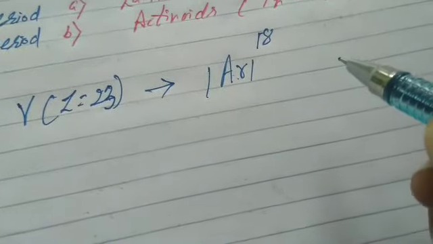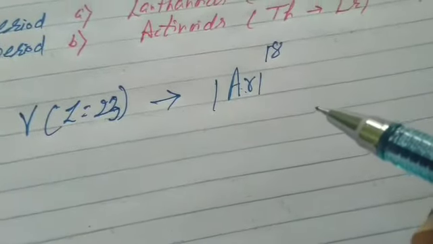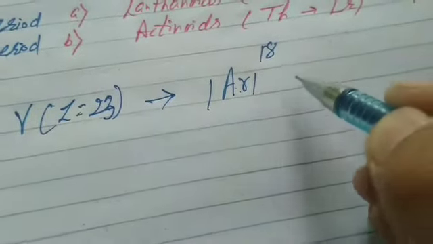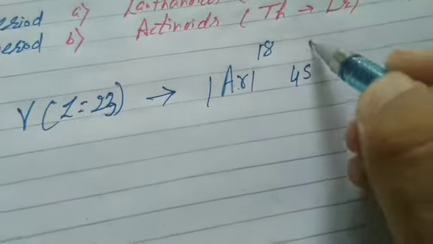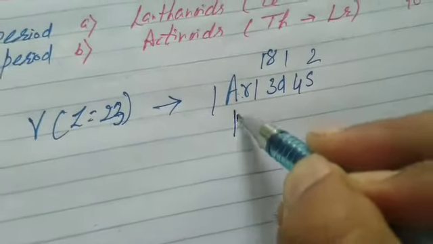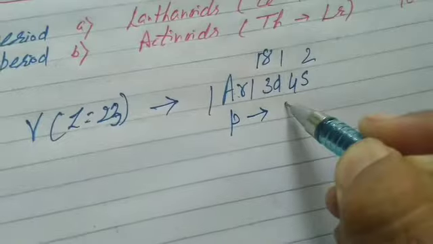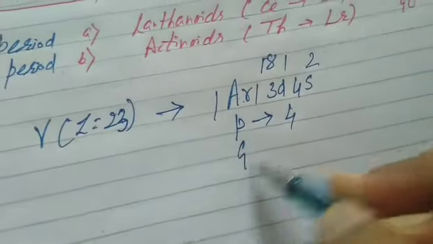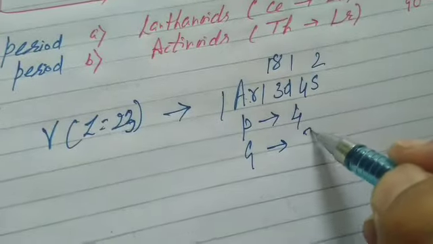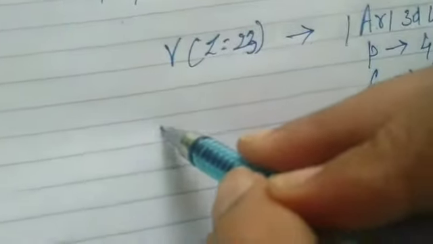Argon 18. In my next video, I will explain how to find the configuration. Always start from the nearest noble gas. 4s2, approach calcium, 3d1. Students, to which period does it belong? All of you will answer 4, and it is right. To which group does it belong? It is D block, number of D electrons plus valence S: 2 plus 1, 3.